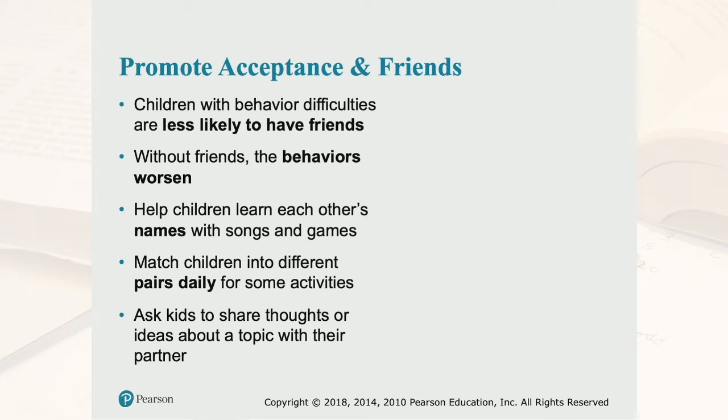So helping children to learn the names of the other children in the environment is really good. Learning songs, learning games, and really scaffolding the development of some friendships is going to be really important, because once they find a connection with another child and they develop that friendship, it's going to start to be really, really important to that child, and often some policing takes place within that.